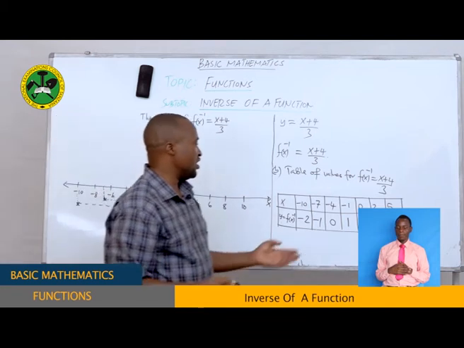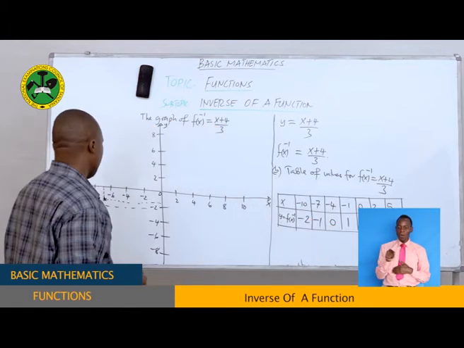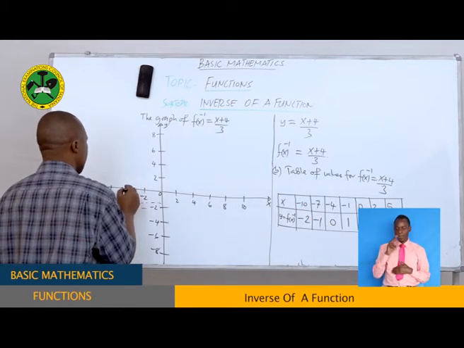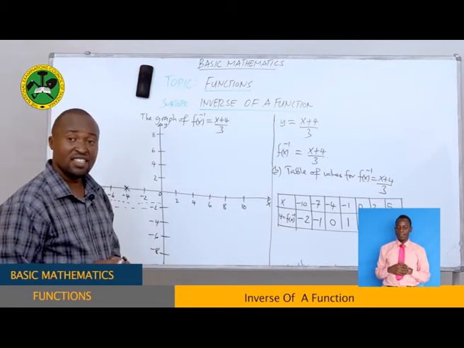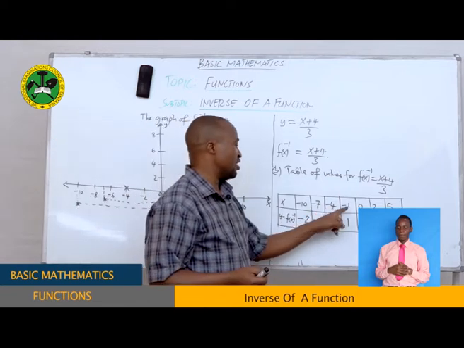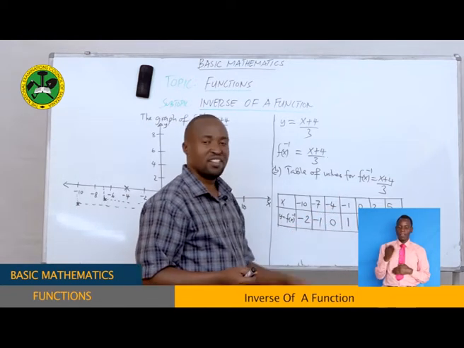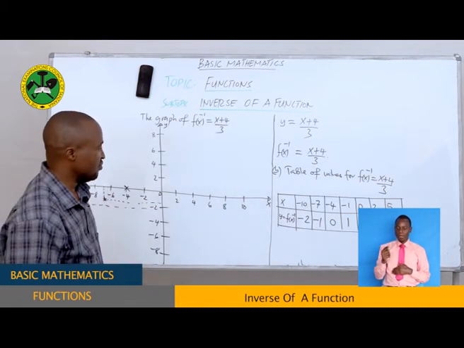The next coordinate is negative 4, comma, 0. That is x is negative 4, y is equal to 0. The next, dear student, is negative 1, comma, 1. That is x is negative 1, while y is 1.